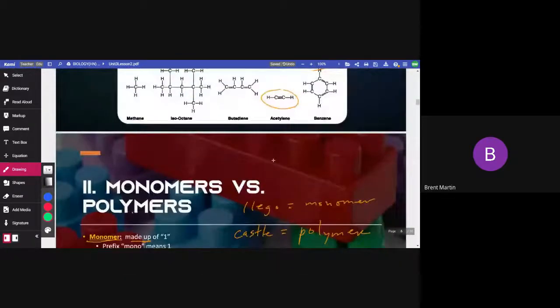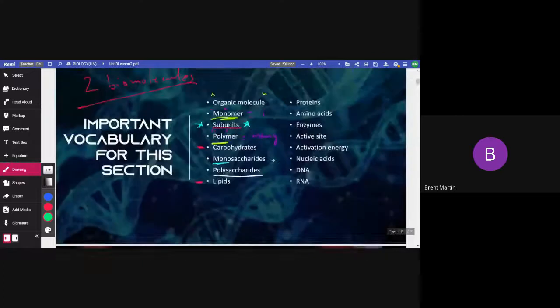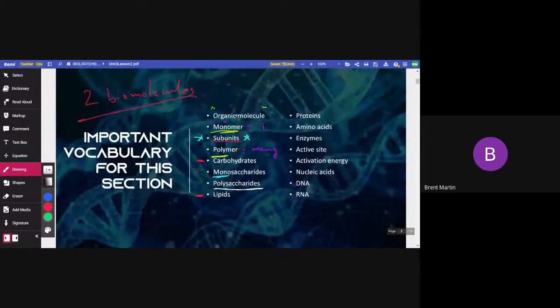Let's go back over these vocab one time and see if I got this left-hand side now. Organic molecule is anything that contains what element? Contains carbon. Now, a monomer is the building block of something. A monomer is the subunit. Those are the same words. So the monomer of a carbohydrate is a monosaccharide. The monomer of a lipid is the glycerol, and then the 3 fatty acid chains.